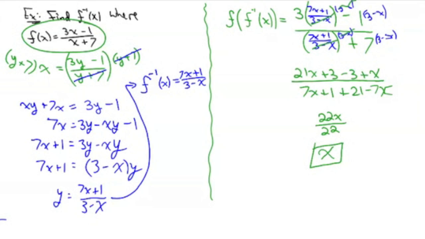I'll give you one that you think is an inverse already. Let's see if I can get them in the right order. f of x is equal to x squared. g of x is equal to the square root of x.